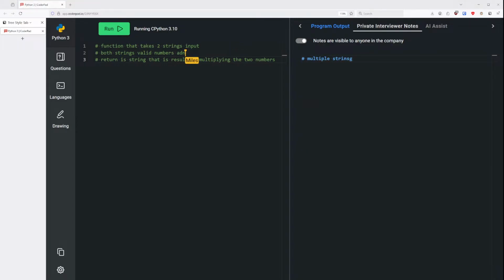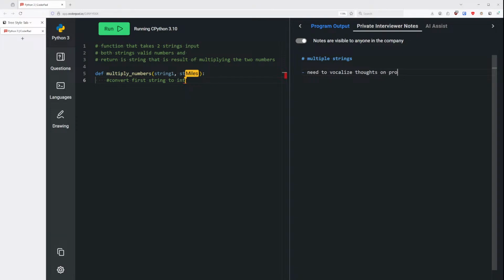Wait, are there any restrictions on what the numbers can be?